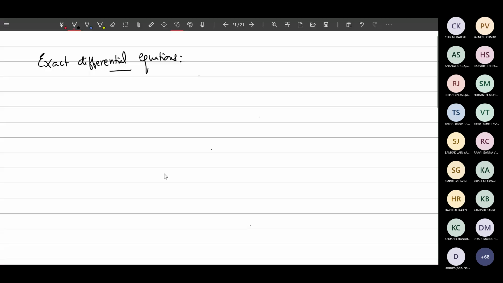Now let me start the exact differential equations. First, I'll write the definition. I'm not giving you any proof how to identify this exact, but a statement I'll give. We say that the equation M(x,y) dx plus N(x,y) dy equal to 0.